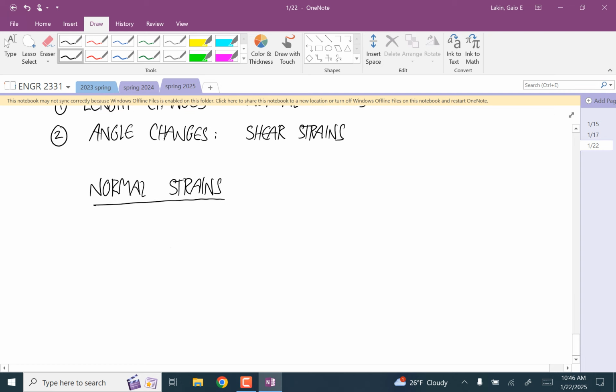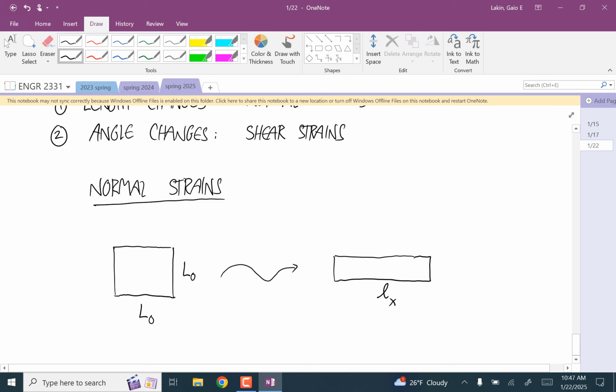And so we're going to go from a shape like this that has original side lengths of capital L0. And we're going to go to a deformed shape. I'm making it super exaggerated, where the x length changes to a lowercase l sub x.